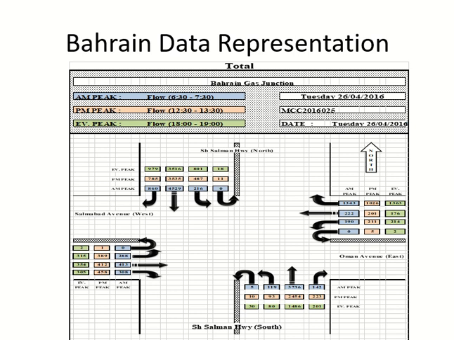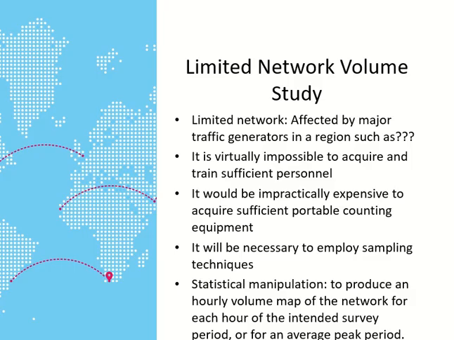So this is one intersection. And imagine then we have an entire area. So we have a problem of shortage of resources. You cannot gather enough people or devices which can do this for you for the entire area.